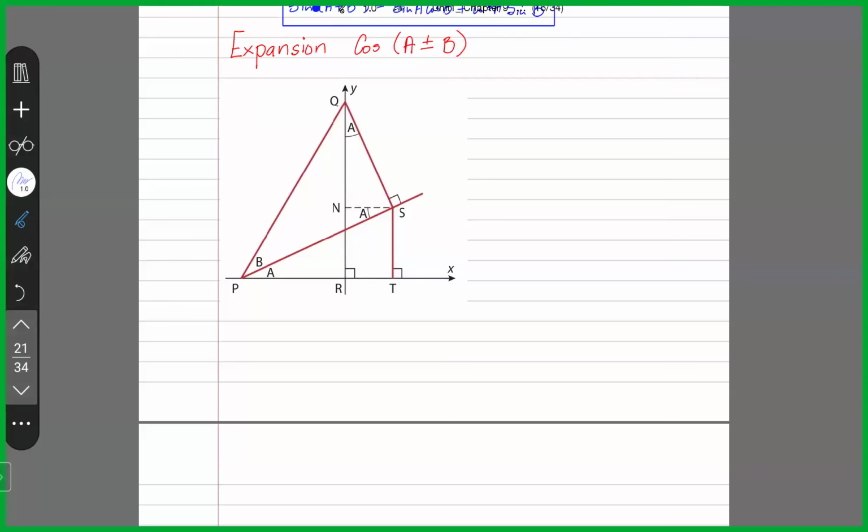All right, so this is the diagram that is used to prove the compound angle formula for cos A plus B. Here's how it starts out. I would start out by looking at this right angle triangle.